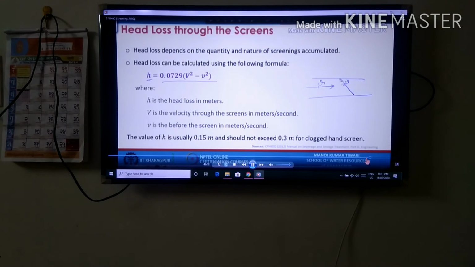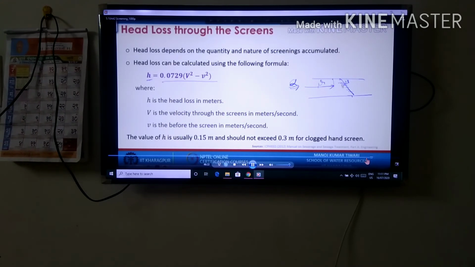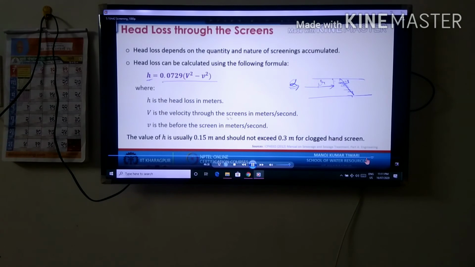Because we are trapping some part of the area over here, and for a constant discharge Q, the area for flow through the screens is going to get reduced, given the screen or bar thickness. So we'll have a higher velocity through the screens.